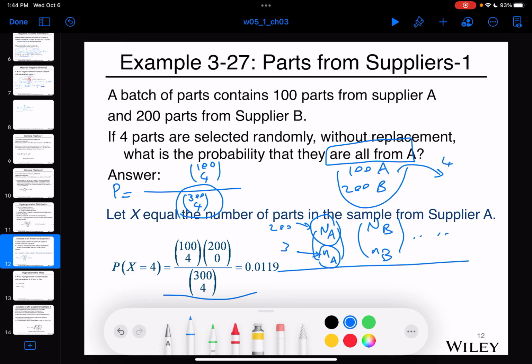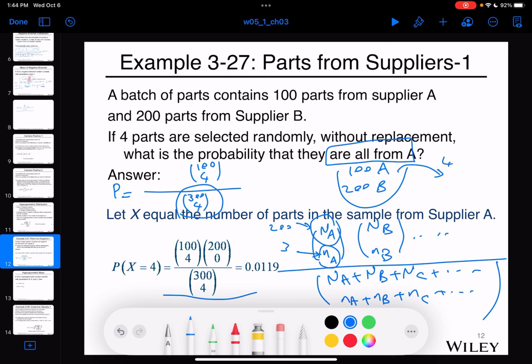And here we are going to have NA plus NB plus NC plus whatever we have. It goes to as many as you want, but it's not in the book as far as I remember. Any questions?